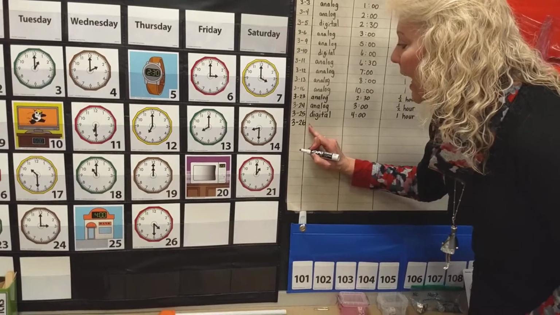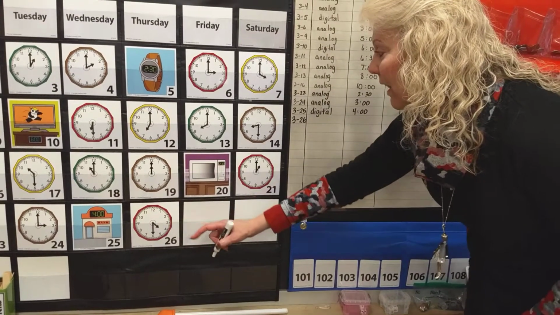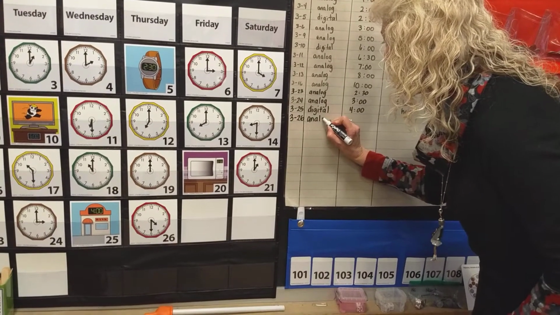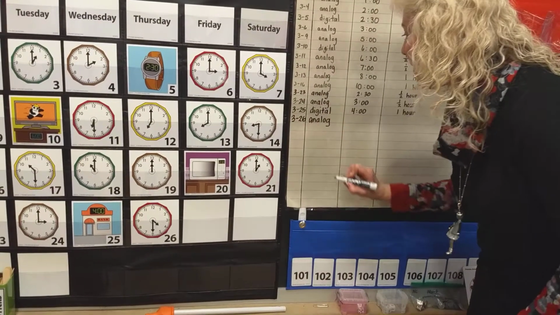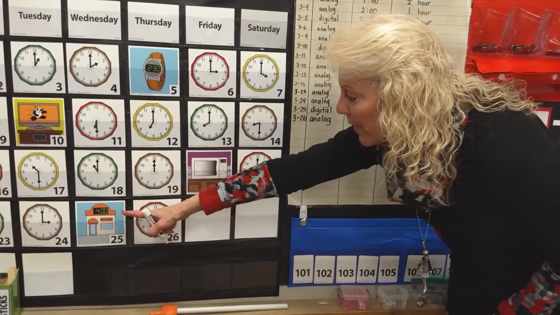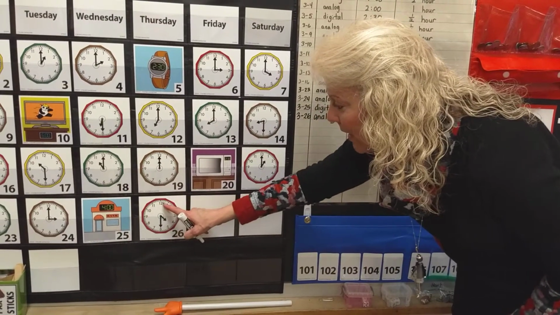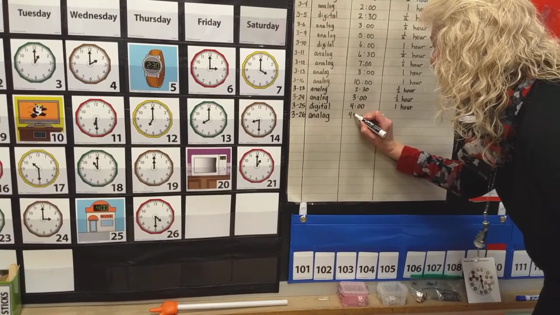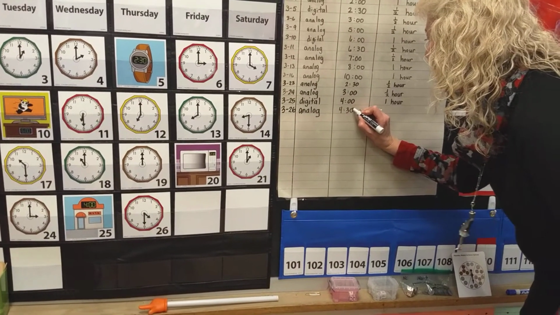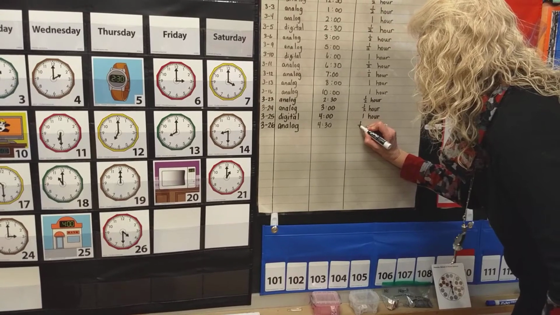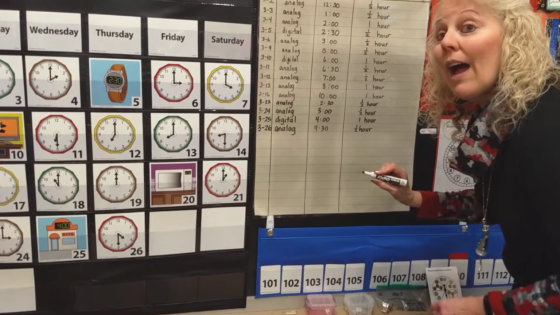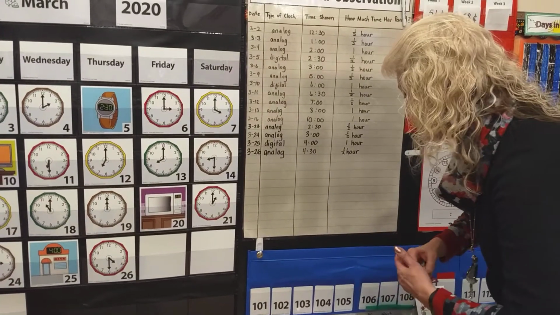And the kind of clock today is analog clock. Today's time, it was 4 o'clock, and now I see that it's a half an hour later, so now it's 4:30. Half hour later. And all of you know, half hour later is 30 minutes.